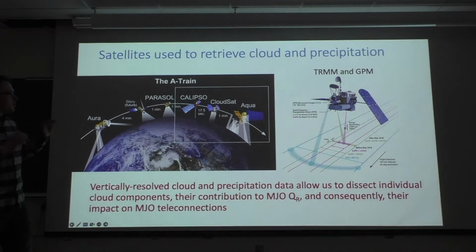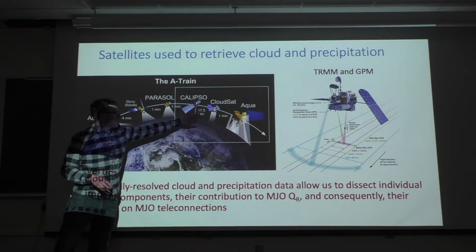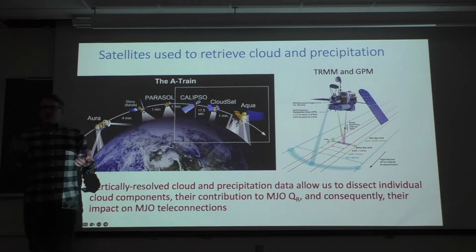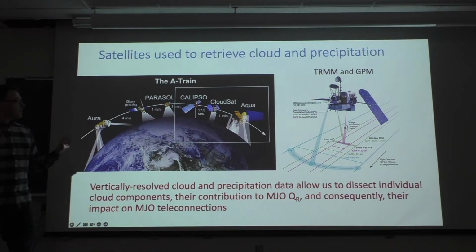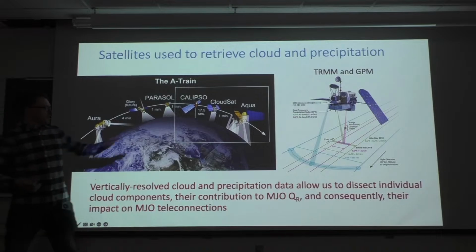And really, the importance of these is that within the A-train data for CloudSat and CALIPSO, we have active sensors: LiDARs and a vertically pointing cloud radar from CloudSat.